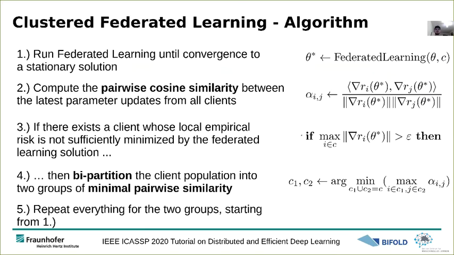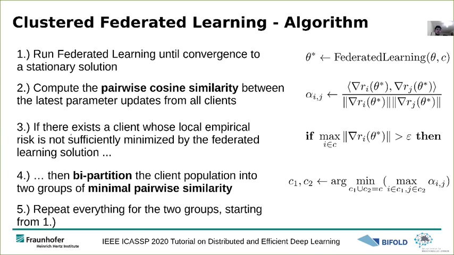So from this, we can deduce a very simple algorithm actually. First, we have to run federated learning until convergence to a stationary solution. This gives us the stationary solution theta star. Then we just have to compute the pairwise cosine similarities between the latest parameter updates from all clients. So look at the gradients for all pairs of clients and compute the cosine similarity.